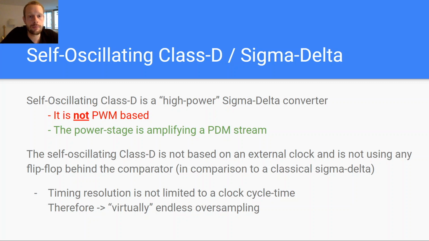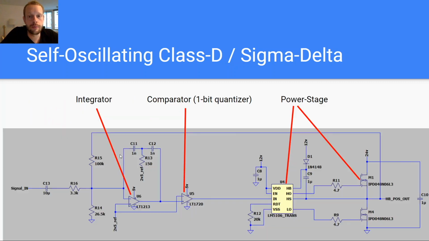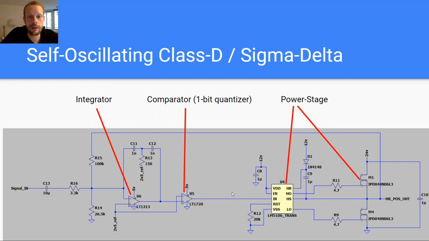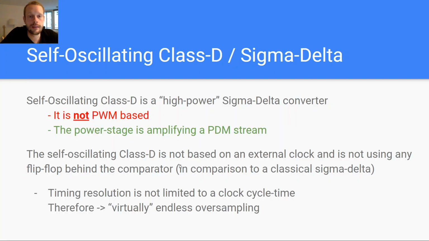The biggest difference is that in our sigma delta converter we have a flip-flop and an external clock, and this is not present in our case. This means that the timing resolution the modulator can represent in our self-oscillating Class-D amplifier is not limited to any clock cycle time.